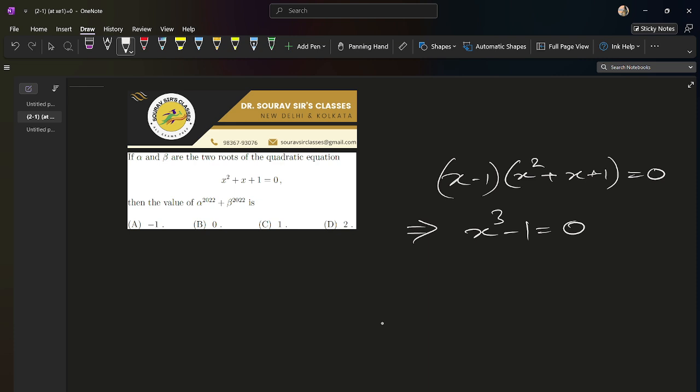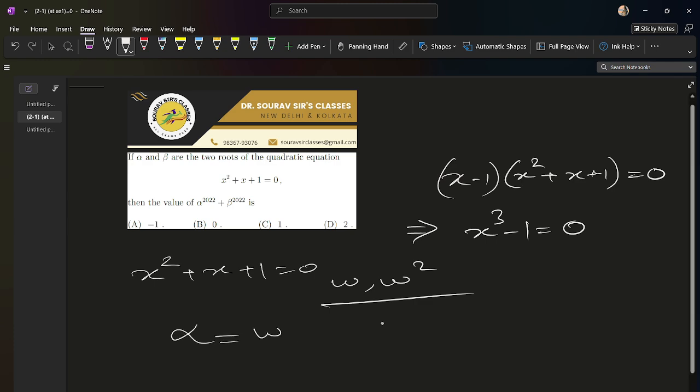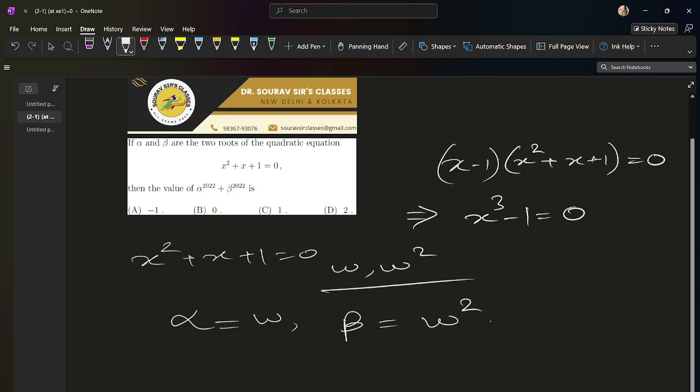So these are the roots of unity of third order, that means 1, omega and omega square. 1 is not a root of x square plus x plus 1 equals 0, so our roots are omega and omega square. Let us take alpha as omega and beta as omega square, without loss of generality.